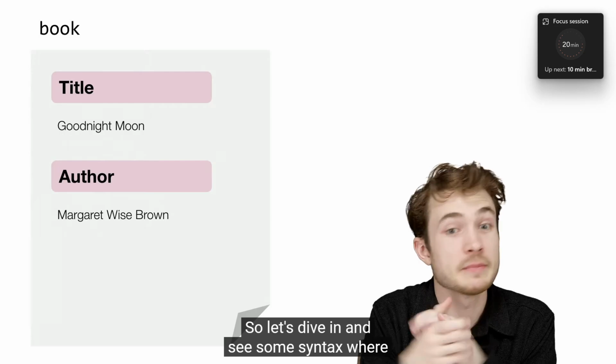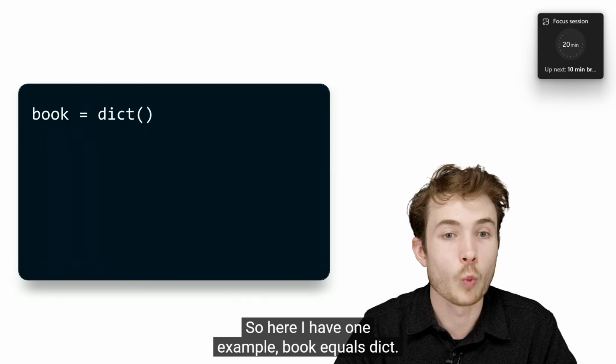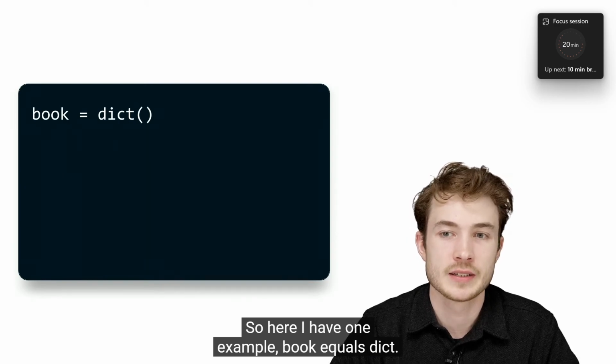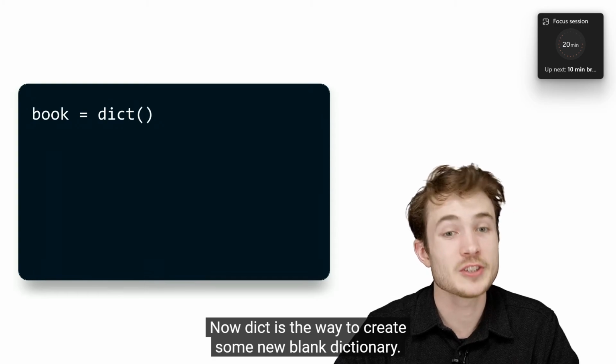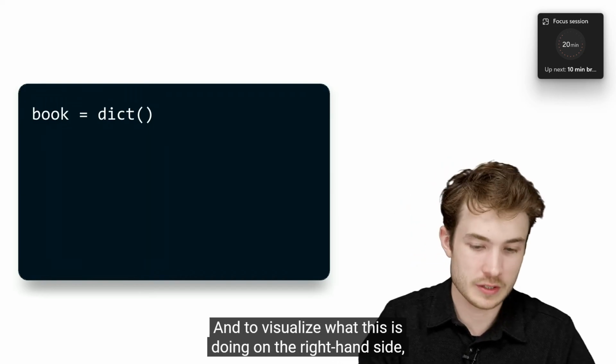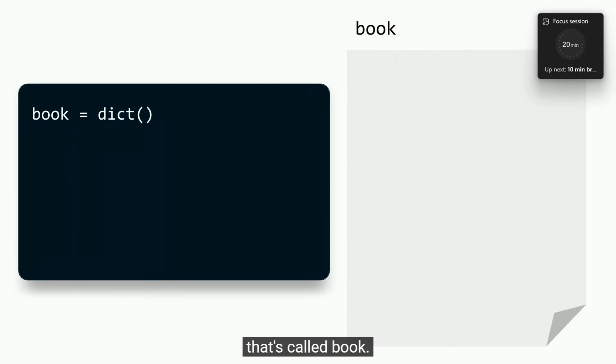So let's dive in and see some syntax where we can actually create dictionaries. So here I have one example. Book equals dict. Now dict is the way to create some new blank dictionary. And to visualize what this is doing on the right-hand side, I get the following. Basically a blank piece of paper, if you will, that's called book.